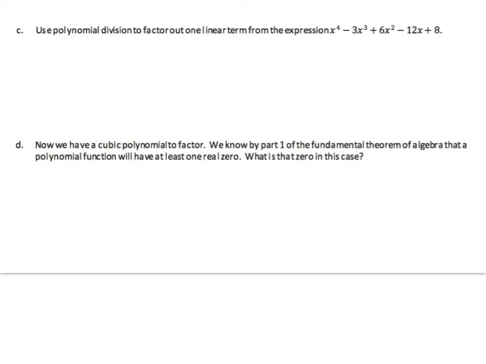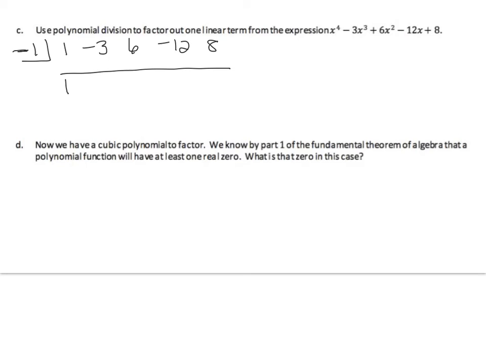Use polynomial division to factor out one linear term from the expression. So if I had a zero of 1, that means I'm going to use synthetic division to factor it out. My coefficients are 1, negative 3, 6, negative 12, and 8.